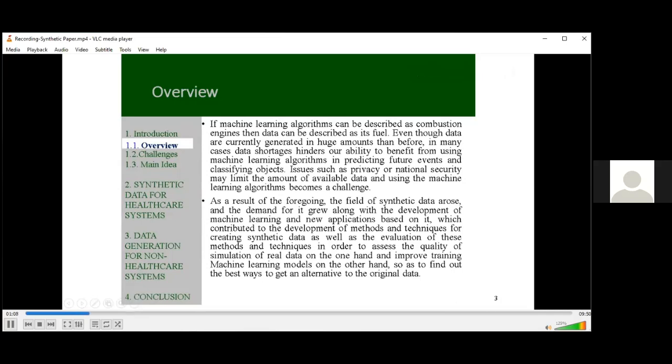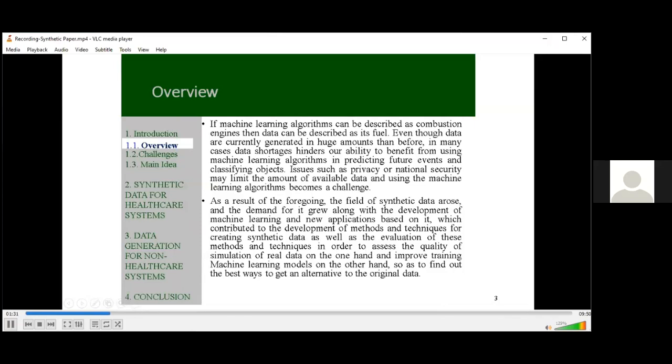Issues such as privacy or national security may limit the amount of available data, and using machine learning algorithms becomes a challenge. As a result, the field of synthetic data arose, and the demand for it grew along with the development of machine learning and the new applications based on it.